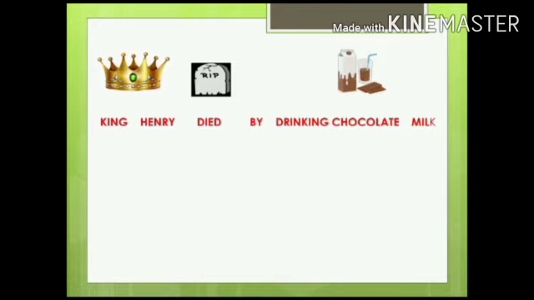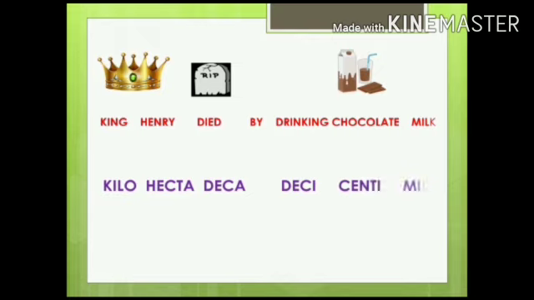This phrase will help you to remember the metric system in order, as King stands for kilo, Henry for hecto, died for deca, drinking for deci, chocolate for centi, and milk stands for milli.